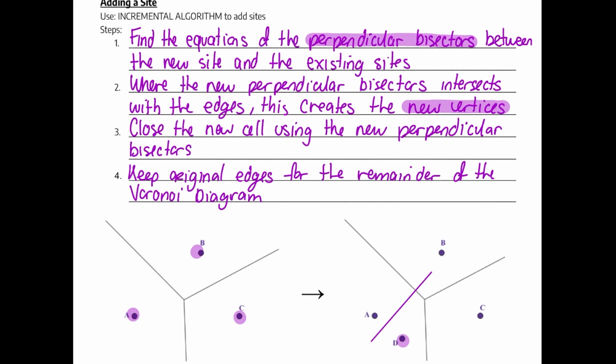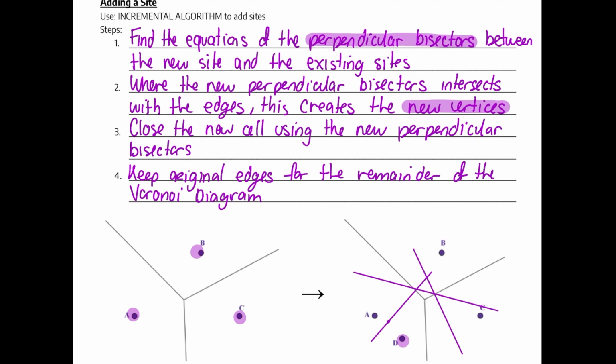So remembering the perpendicular bisector passes through the midpoint and is perpendicular to the line between A and D. Then the perpendicular bisector between D and C would probably look something like this. And then the perpendicular bisector between B and D would probably look something like this. Right? So this is a rough sketch. We're going to be doing an example together to make sense of this.